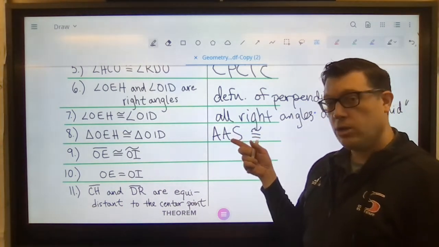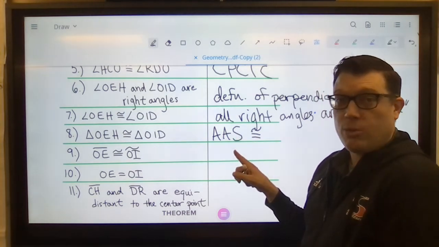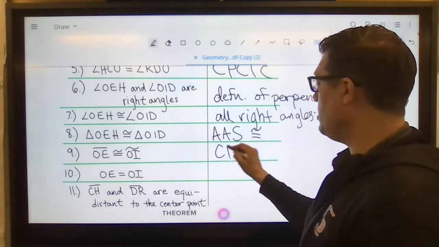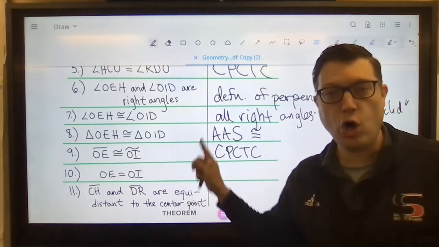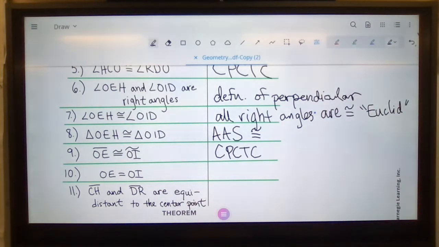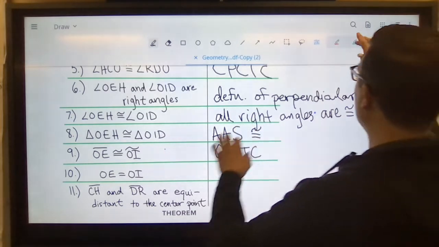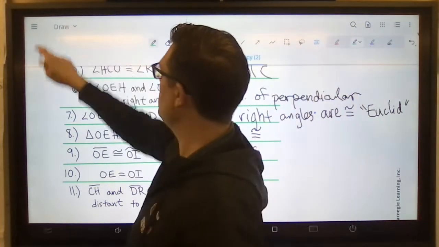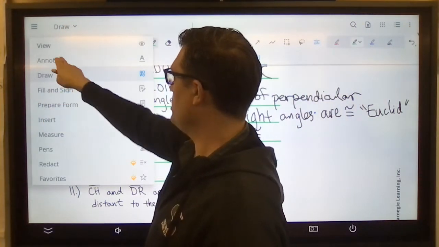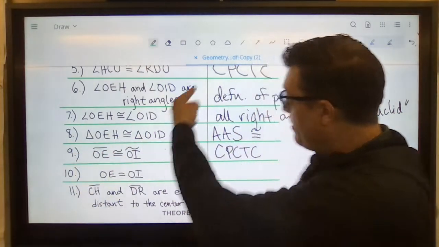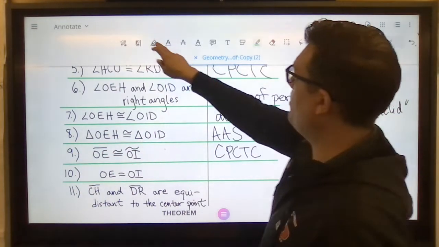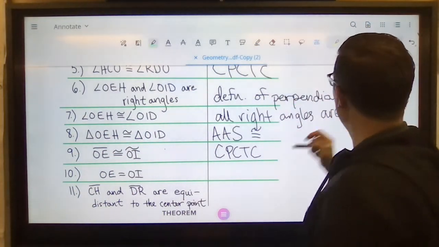Now, right after the angle, side congruence theorem, we use what we say when we say triangle congruence, CPCTC. That always follows. Now, if those segments, OE, OI, where are they? Let's maybe get a highlight going on. Highlight these. Guess what? This is what I said to watch out for. It's happening right here. Highlight with green.